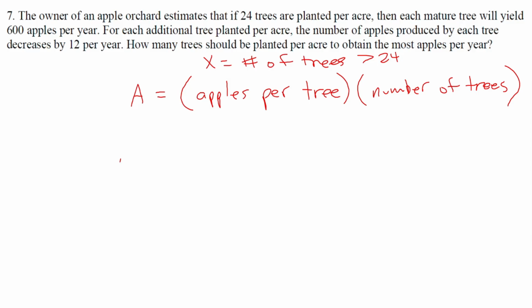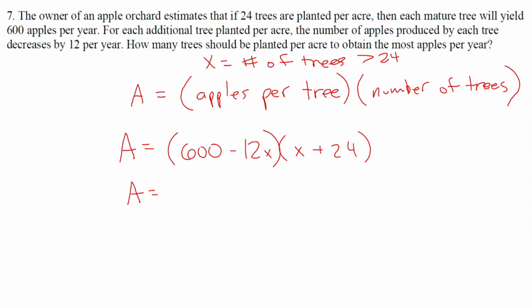So the number of trees that we're going to have at the end is just going to be x plus 24. And our total number of apples per tree is going to be the 600 minus the 12 times the number that we go over 24, which is x. So 600 minus 12x. So our function is going to be 600 minus 12x times x plus 24.